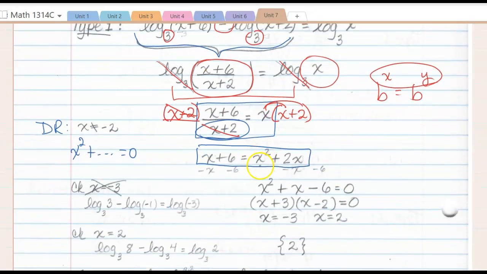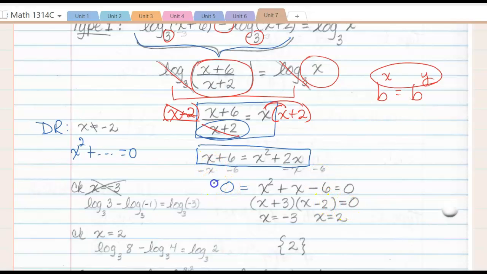Because x squared is already positive, I'm going to subtract x from the left side and the right, and subtract 6 from the left side and the right, and that will leave me 0 on the left side. I'll have x squared plus x minus 6.